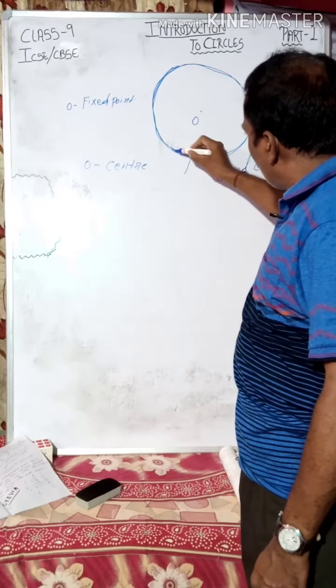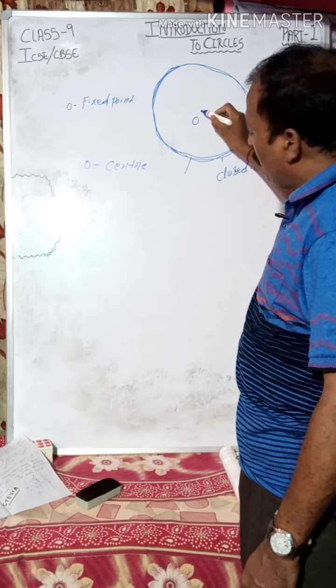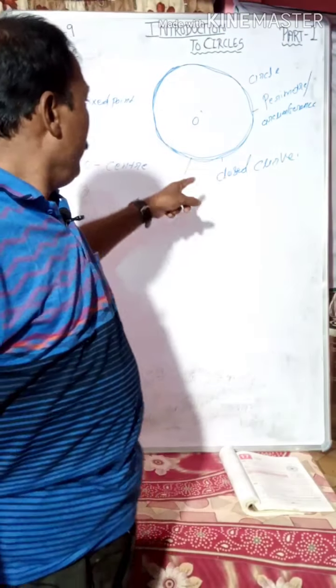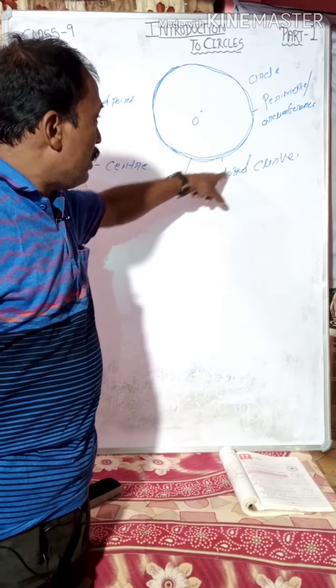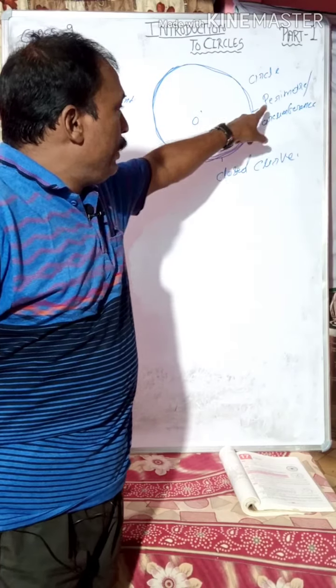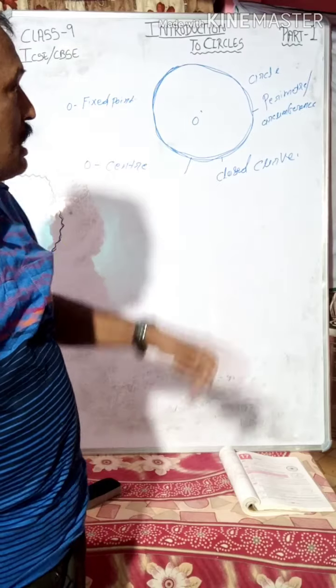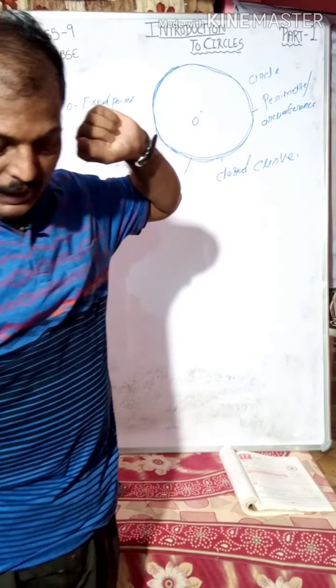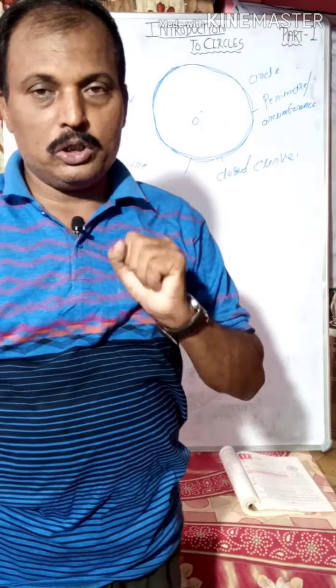This circumference and a fixed point all together are called a circle, and this closed curve is called the perimeter or circumference of the circle, and this fixed point is the center of the circle.